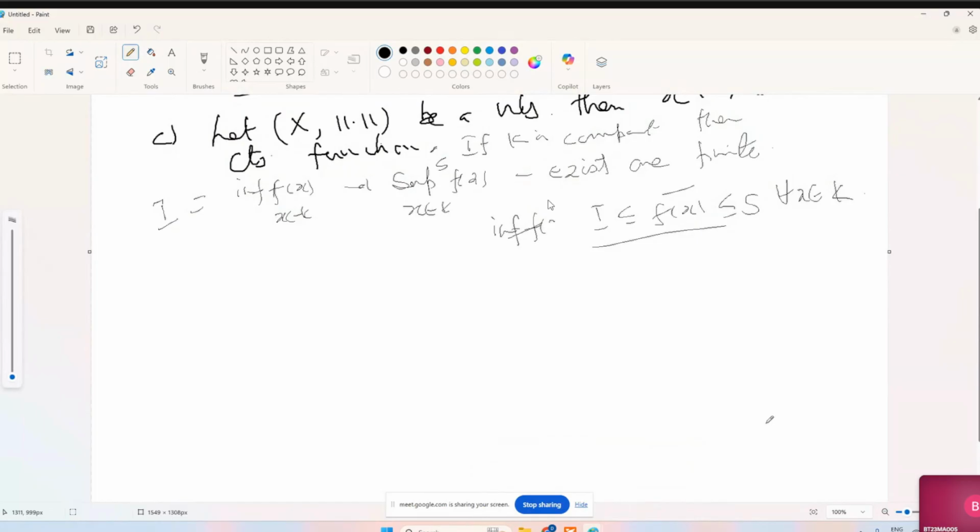Okay. So this is the next one. Let T be a map from E to F, where E and F are vector spaces of the same dimension.